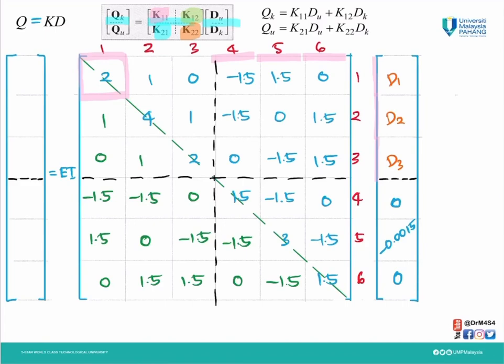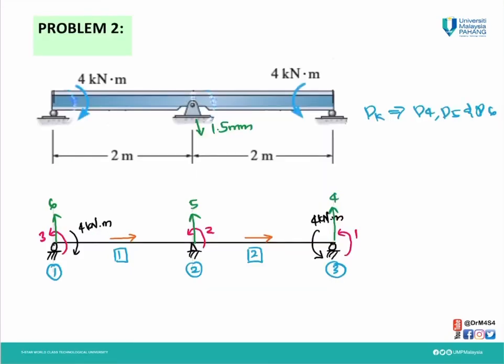And for the value of Q, back to the question, we know at node 1 we have a clockwise moment of 4 kilonewton, and an anti-clockwise moment of 4 kilonewton at node 2. If the direction is similar to our numbering for rotation, that will be positive.